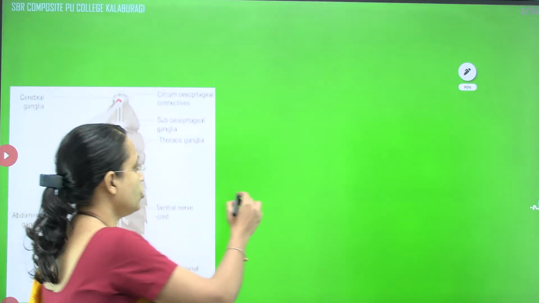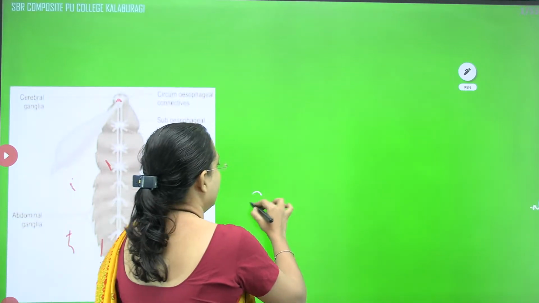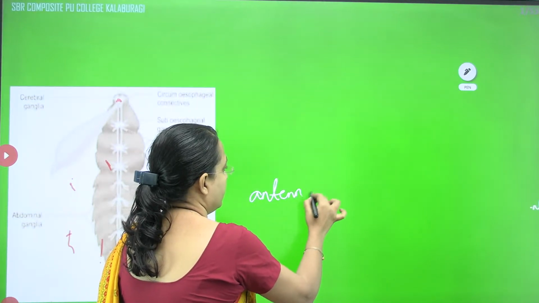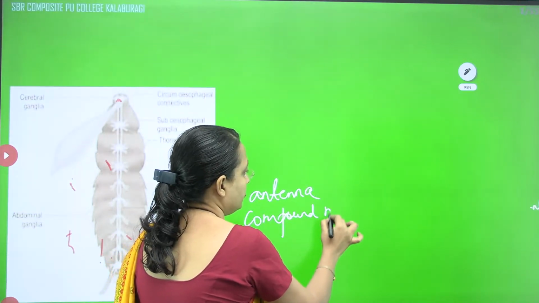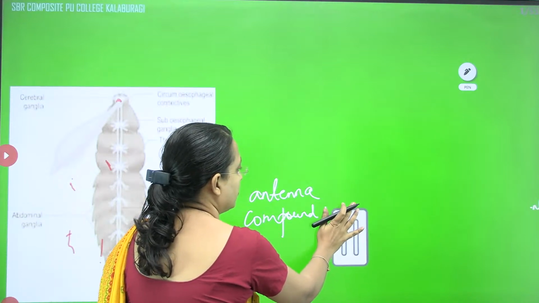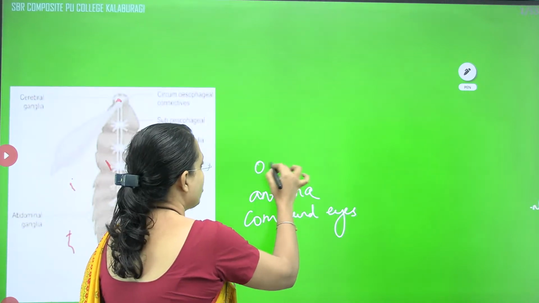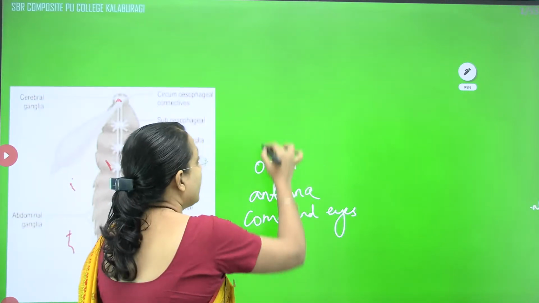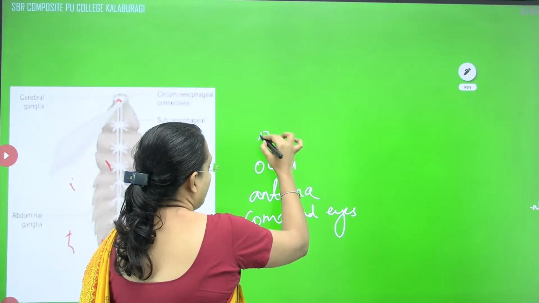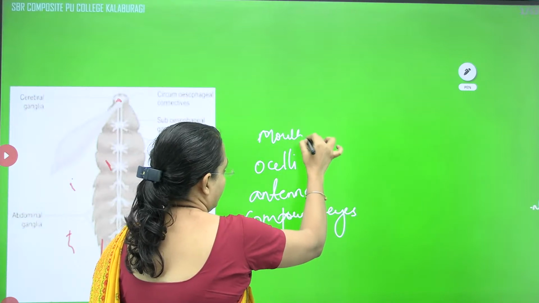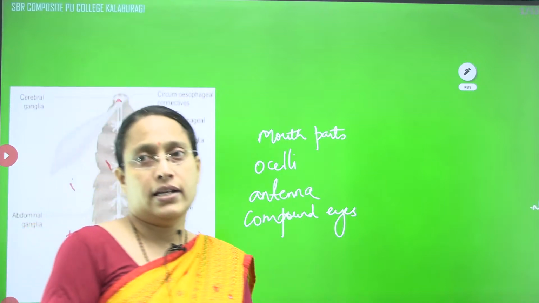Sensory structures in cockroach include antenna, compound eyes, then even ocelli, simple eye, then mouth parts, some of the mouth parts like labrum, maxillae, and labium.